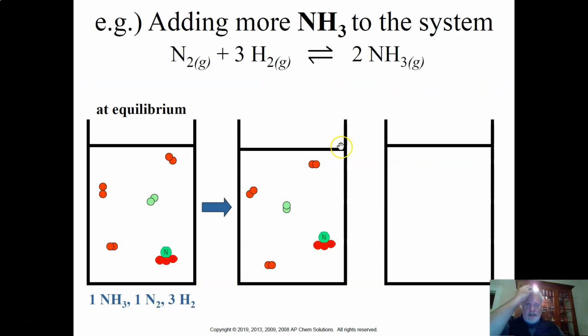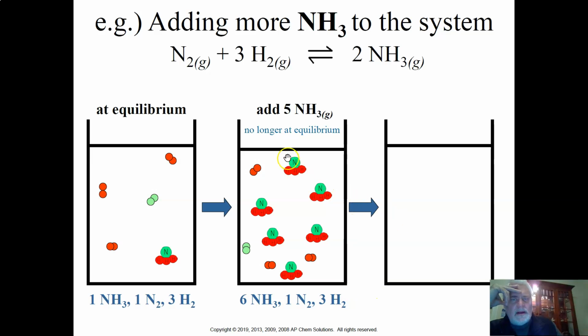So a situation like this, again using this very famous reaction: at equilibrium, we have this kind of thing going on, and what we've done here is take this same system, but add a bunch of NH3.